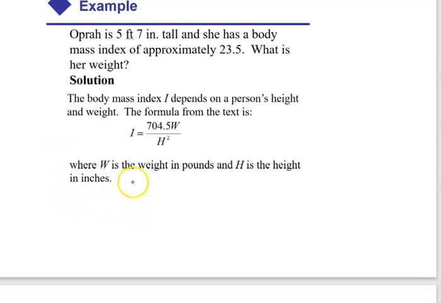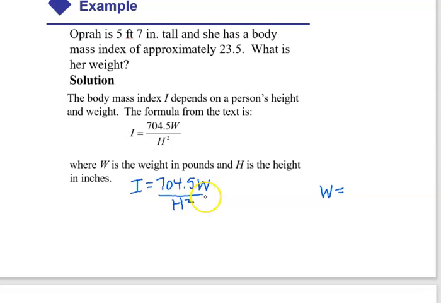Our formula is the body mass index is equal to 704.5 times W over H squared. Now, if I want to get rid of this H squared on the bottom, I'm dividing by H squared. The whole goal is to figure out her weight, so we want the weight by itself.